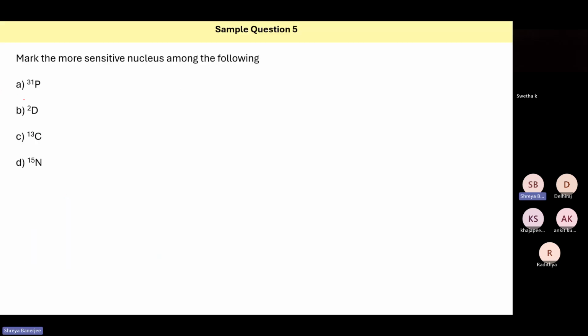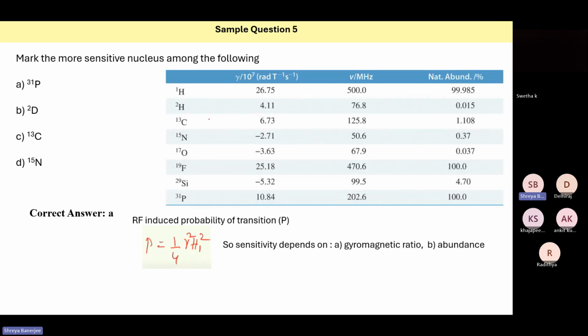Another question is: which is the more sensitive nucleus? Now in this case, sensitivity of a nucleus depends on two things. One is the gyromagnetic ratio. Why the gyromagnetic ratio? Because there is a formula that the probability of transition P is 1/4 of gamma square into H1 square.